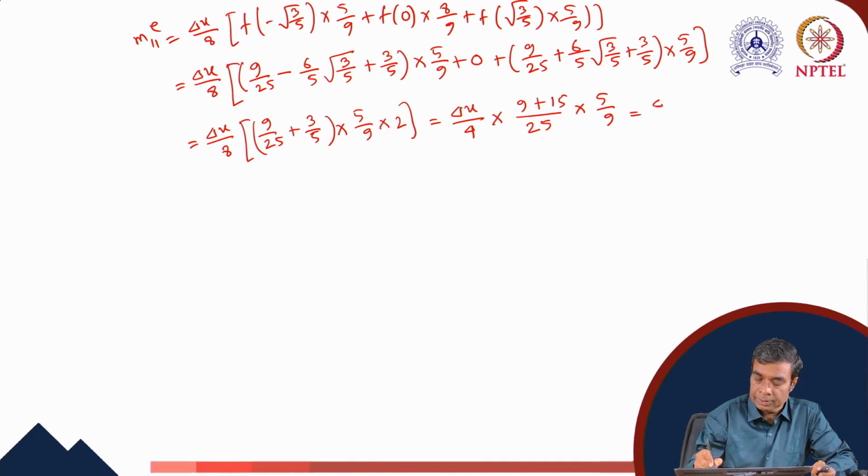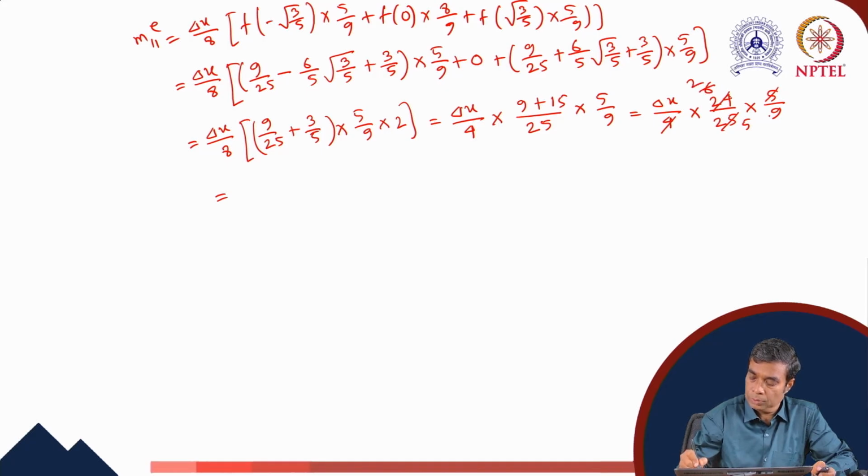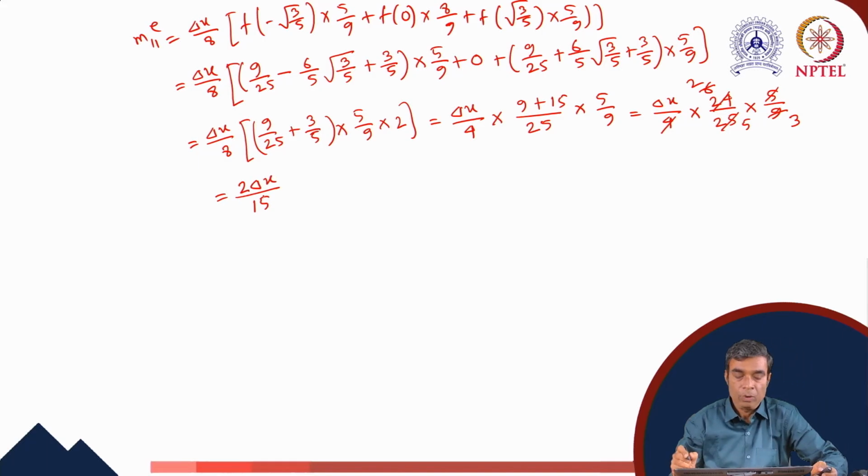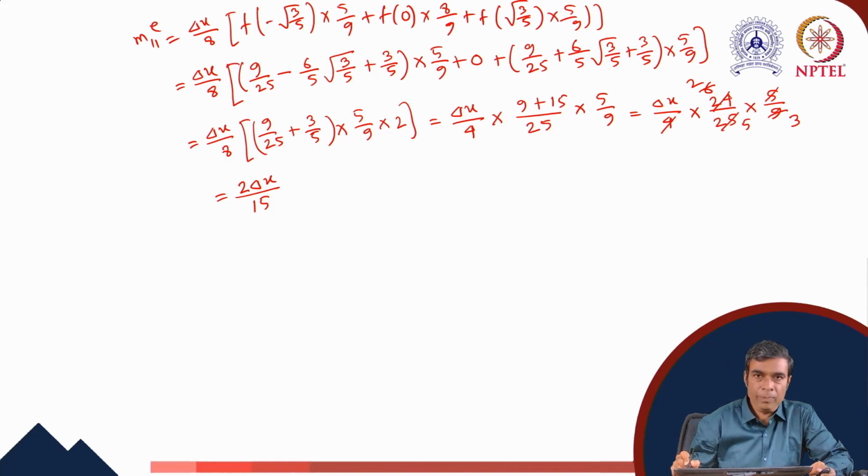So this is delta x by 4 into 24 by 25 into 5 by 9. So this is reducing to 2 delta x by 15. We found exactly the same value while doing the exact integration from the M11 term.